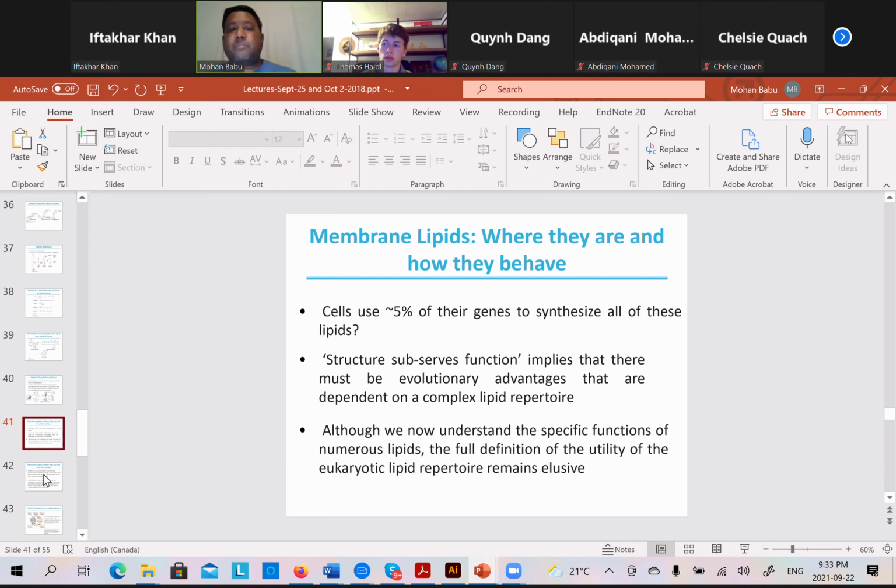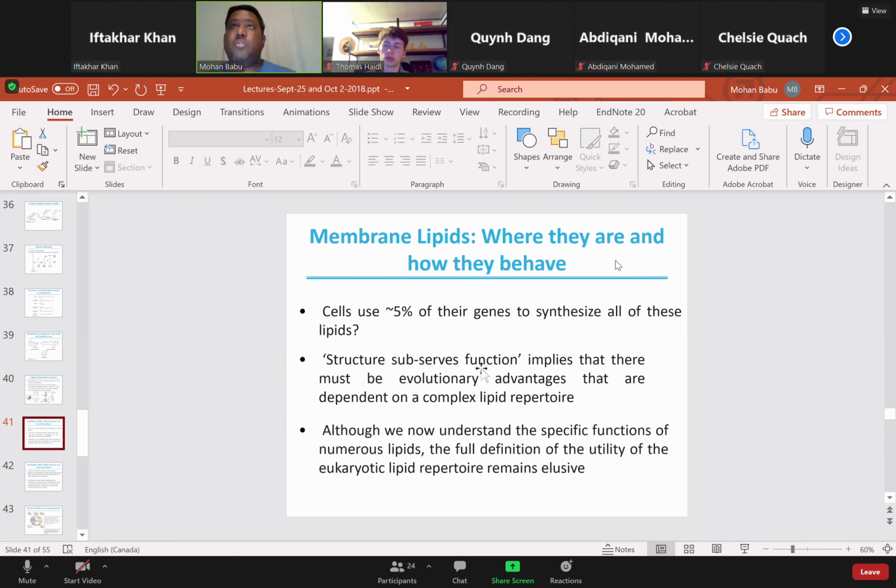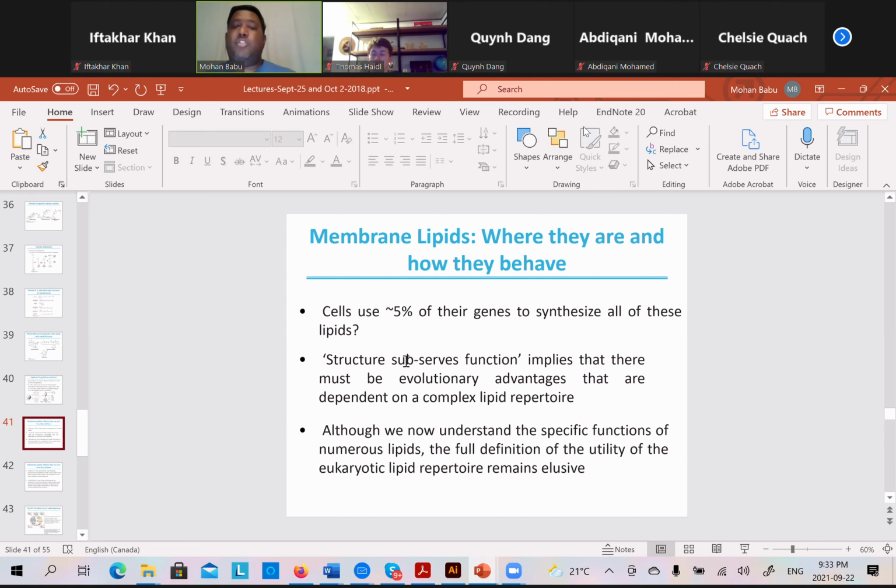We can use a mass spectrometry-based approach to study the proteomics, the protein composition of those lipids, where they bind to and what they interact with. We can also use a genomics-based approach, like transcriptomics, to study the transcript level changes.